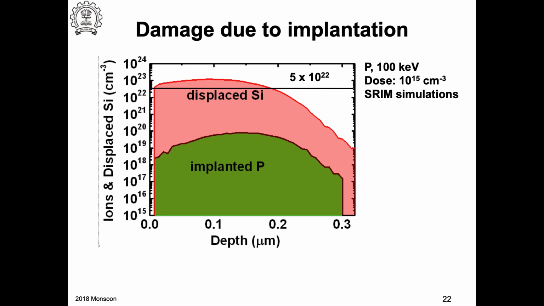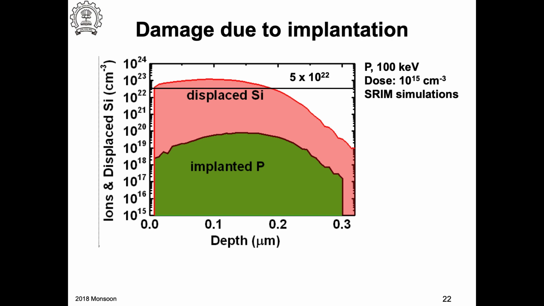Now, the damage due to ion implantation. This is an interesting thing, because I mentioned that to create an interstitial vacancy pair by dislodging a silicon atom from its lattice site, you need about 15 electron volts of energy.